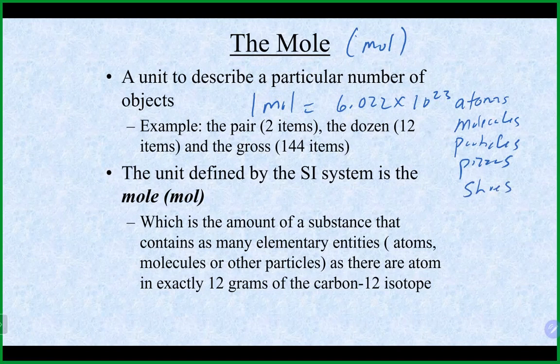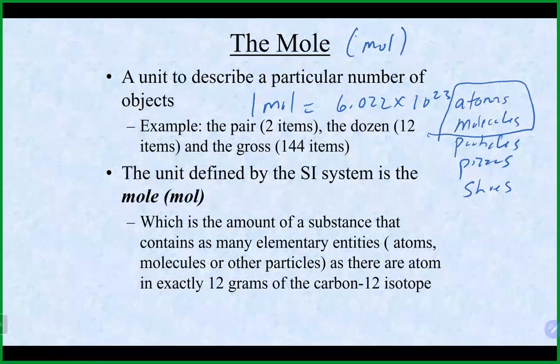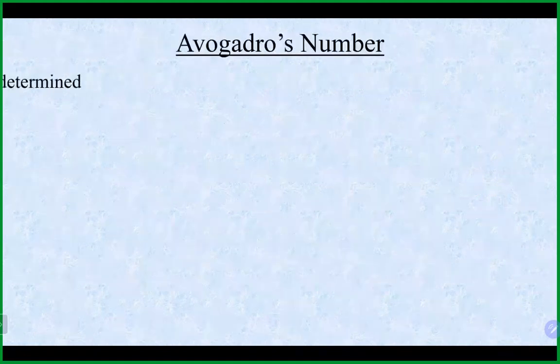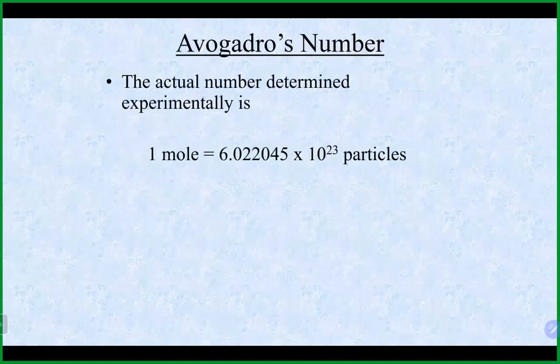Although you do come across the occasional pizza in chemistry, most of the time it is going to be atoms and molecules, which are the most common units we associate with Avogadro's number. So 1 mole of anything, just like a dozen represents 12, a mole in chemistry represents 6.022 times 10 to the 23, which, as I mentioned, is Avogadro's number.